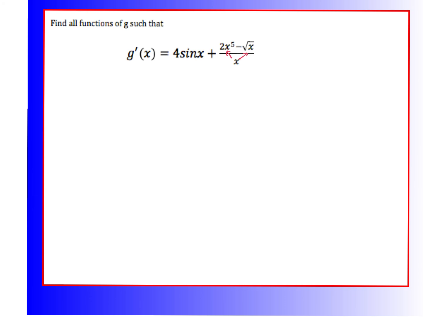All right. So now I think of g prime equal to 4 sine x. And then if I distribute dividing, what's 2x to the 5th over x? 2x to the 4th. And then what's the square root x over x? X to the negative 1/2. Okay. So we should rewrite that before we even take an integral of it.